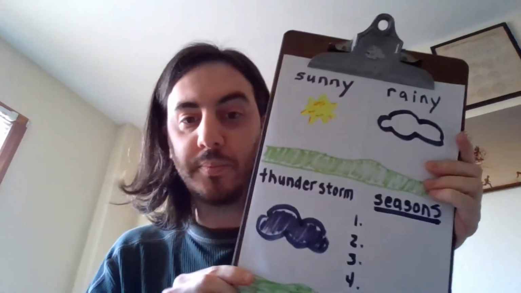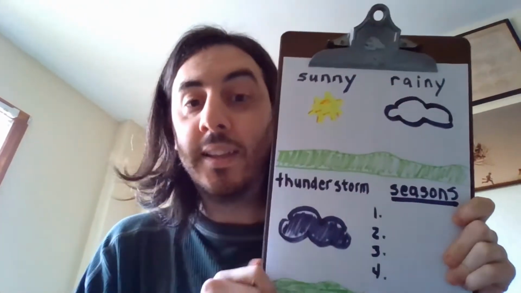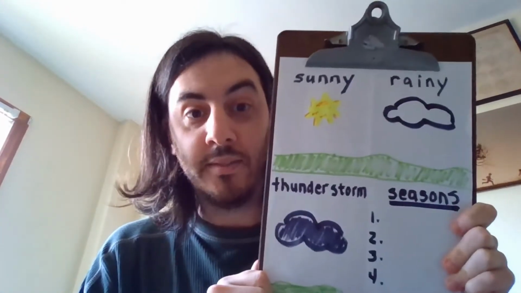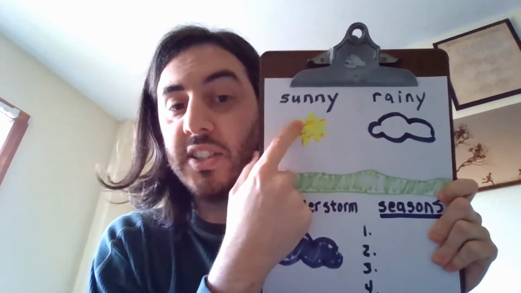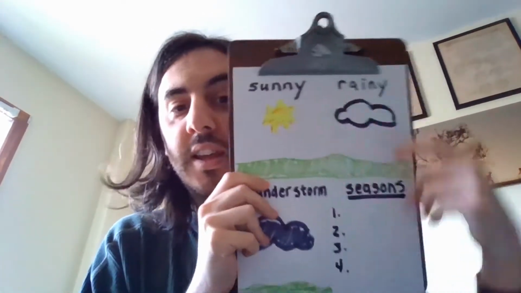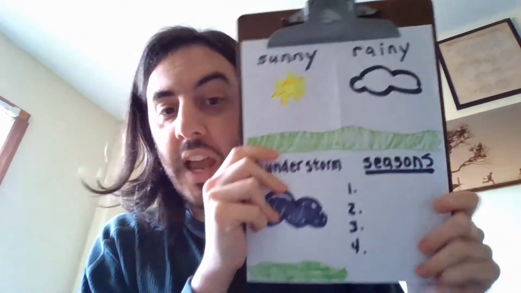Like so. Let me put the lid on this. So, now we have 3 items on our thing. So we have sunny. We have a sun right in the center of our sunny rectangle. In the rainy one, we have 1 white cloud. And in Thunderstorm, we have 1 dark cloud.